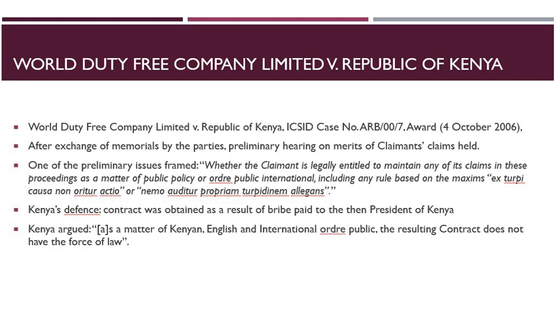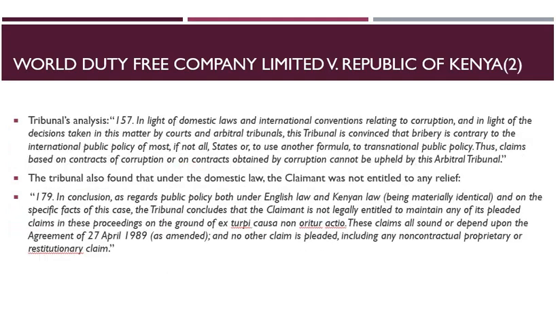The arbitral tribunal analyzed the law on the issue and held, in light of domestic laws and international conventions relating to corruption, and in light of the decisions taken in this matter by courts and arbitral tribunals, this tribunal is convinced that bribery is contrary to the international public policy of most, if not all, states, or to use another formula, to transnational public policy. Thus, claims based on contracts of corruption or on contracts obtained by corruption cannot be upheld by this tribunal.